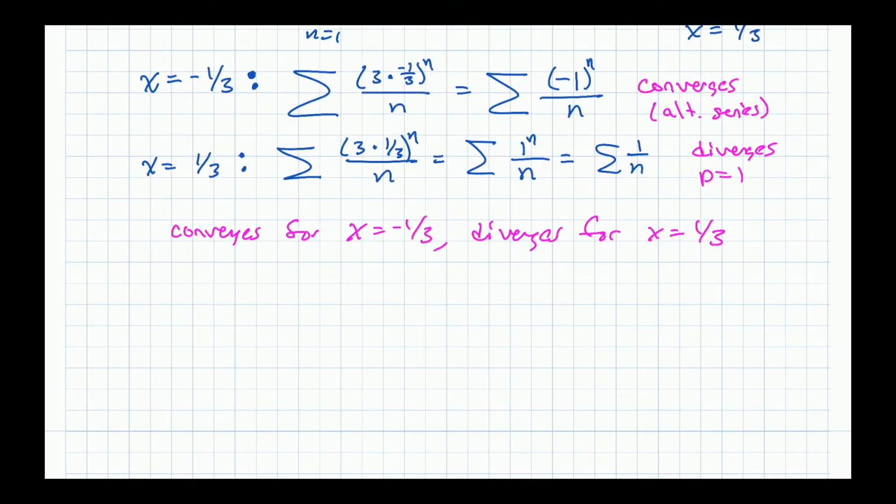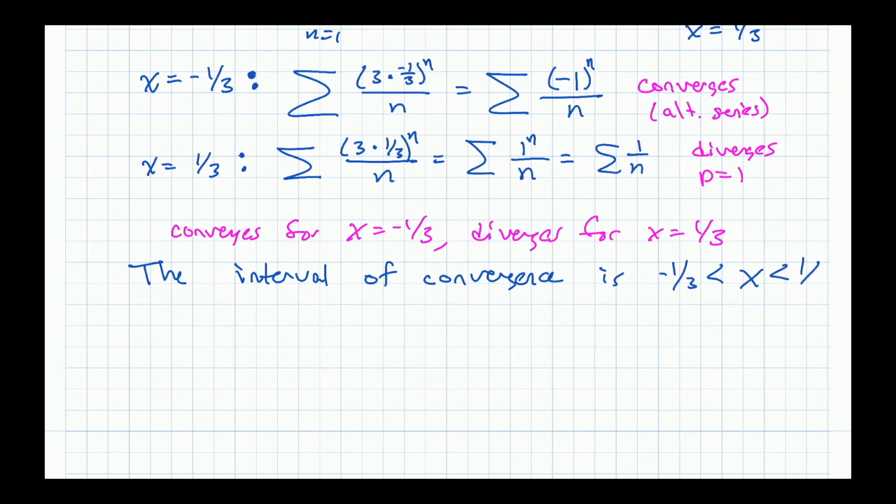So we would say that the interval of convergence then is, well, we already knew it was -1/3 up to x up to +1/3. And now that we know that it converges for x equals -1/3, you just come over here and add that equals back in.